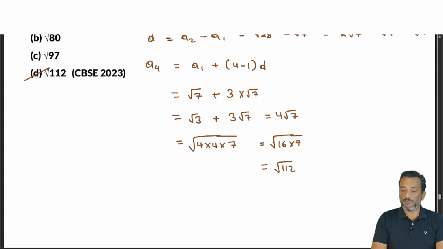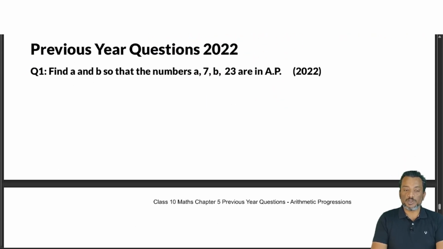Now coming to the next question, from 2022. Again it is saying find A and B so that A, 7, B, 23 are in AP. So you can say here the AP is given as A, 7, B, 23.